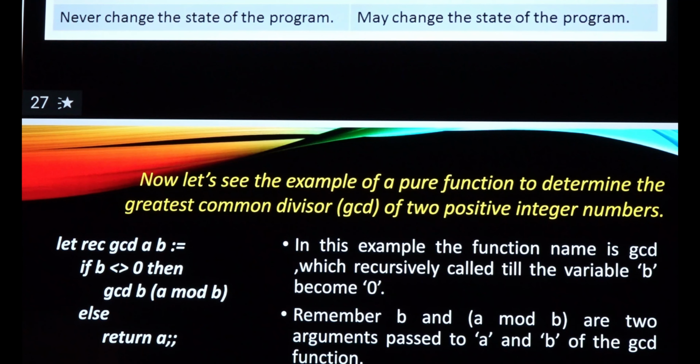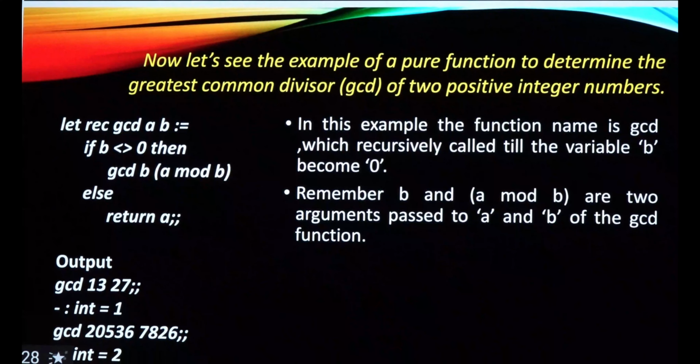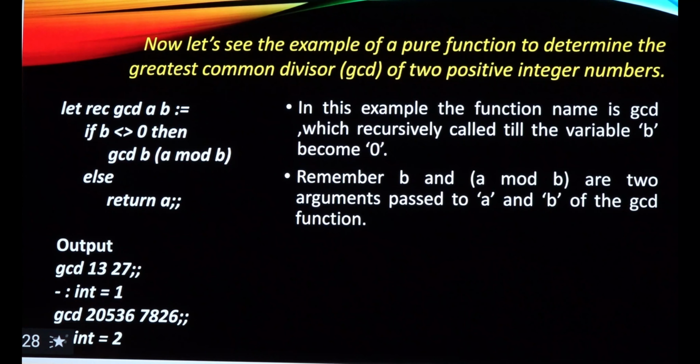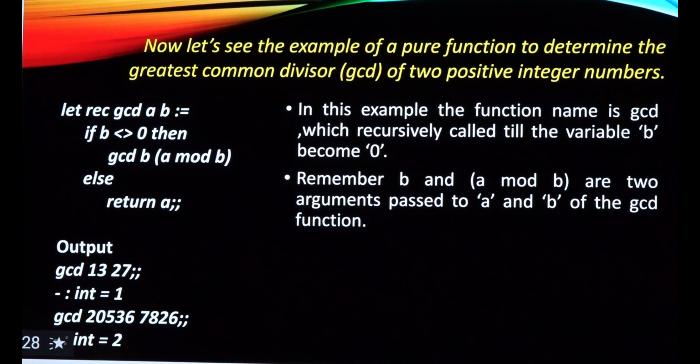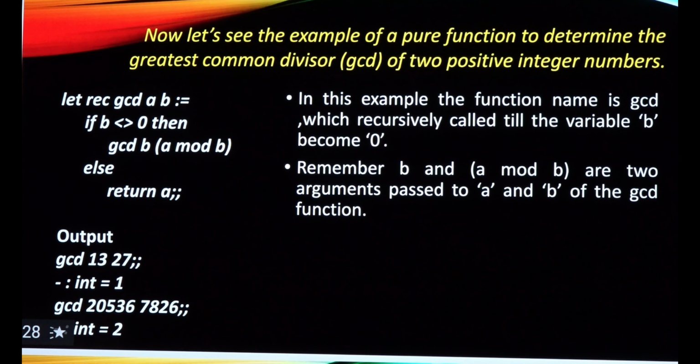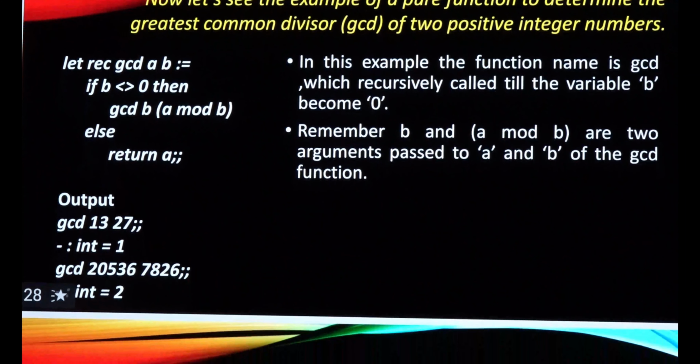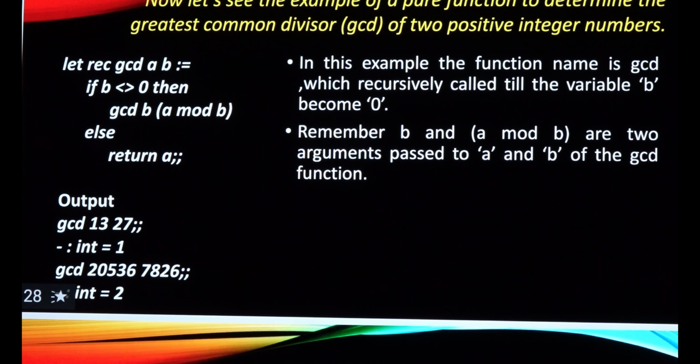Now let us see the example of a pure function to determine the greatest common divisor. This is nothing but the GCD of two positive integer numbers. Here let rec gcd a b. Here if b is not equal to 0, then gcd b (a mod b), else return a. Output: gcd 13 27.